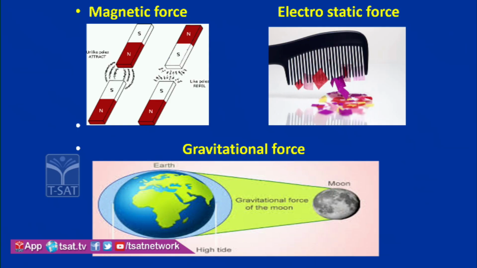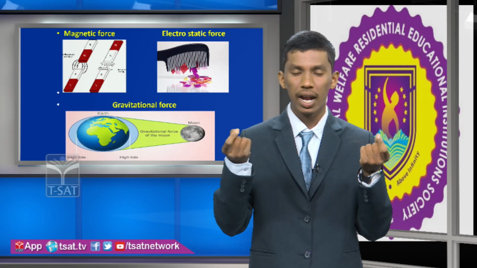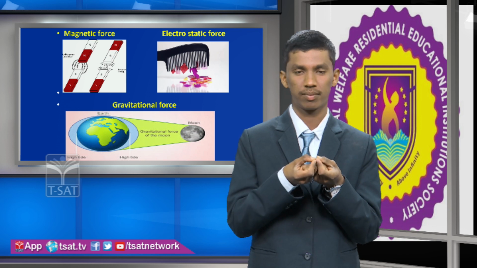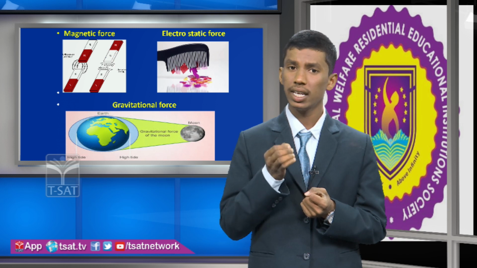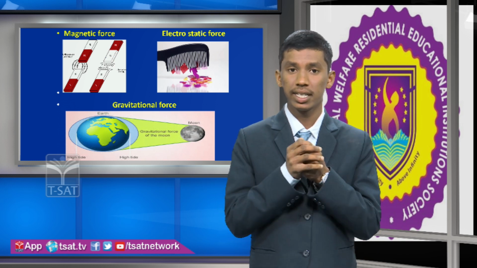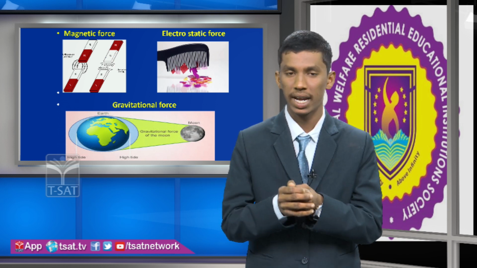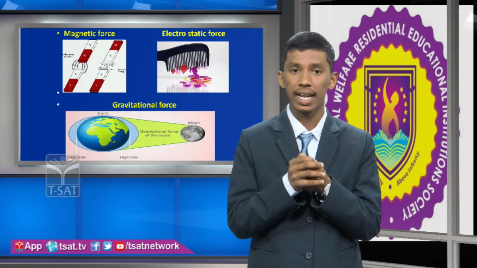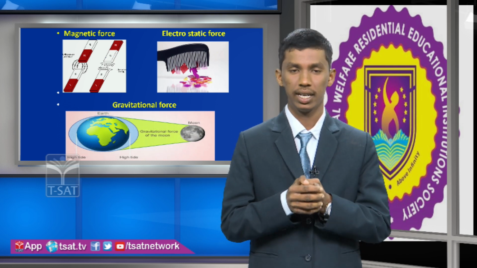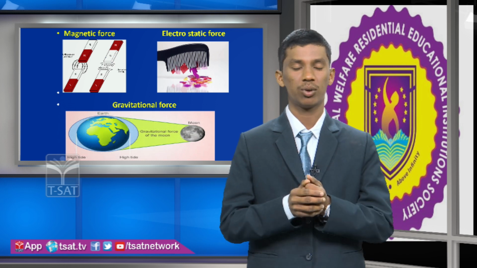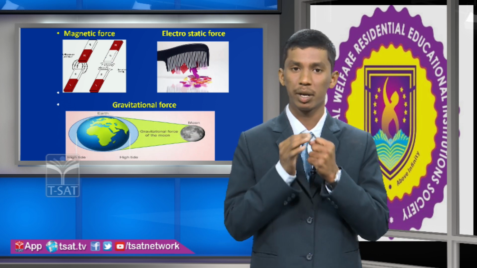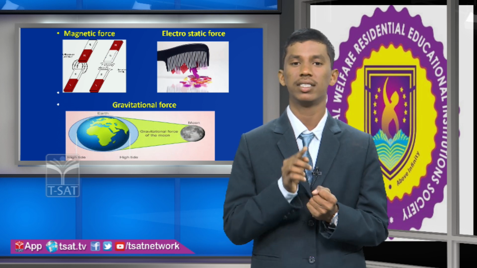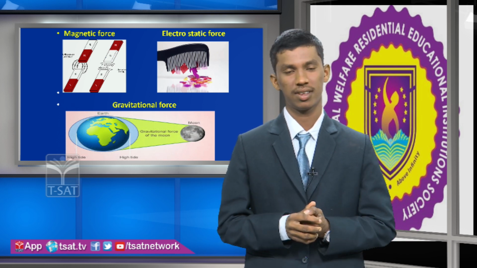When I try to attract two magnets by bringing like poles together, they do not attract, they repel. If I change the direction of the magnets, that means I bring unlike poles together, they attract. So in this case we observe attraction or repulsion of magnets, which is magnetic force.